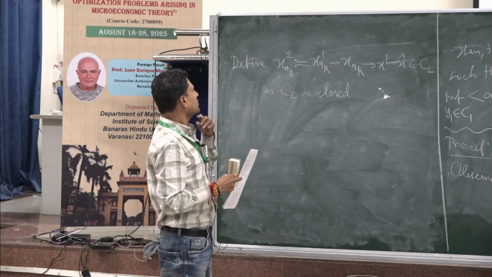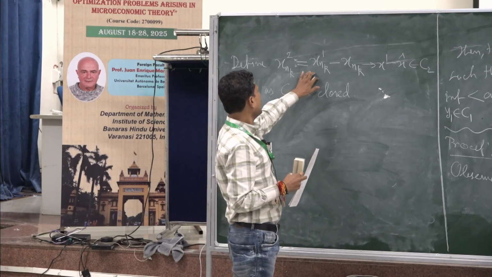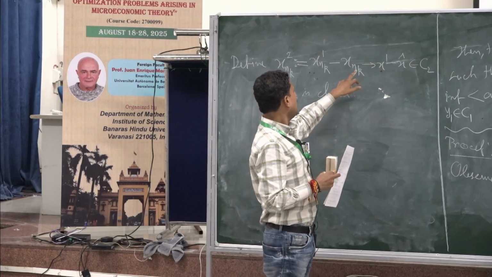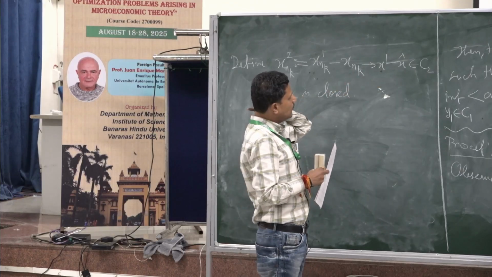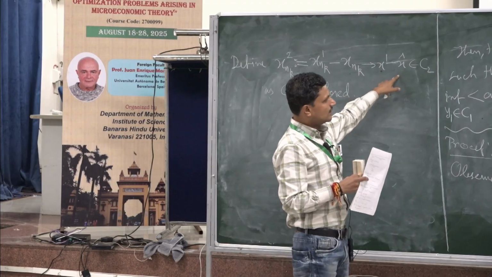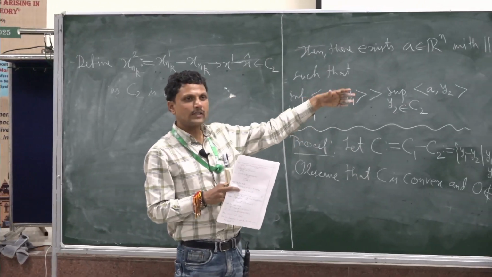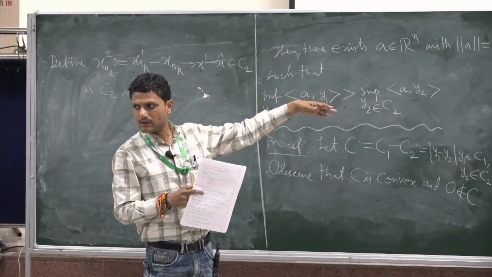So this xnk1 is convergent, it goes to x1, and x hat is the limit of the sequence xn.